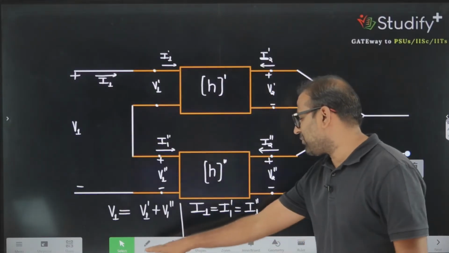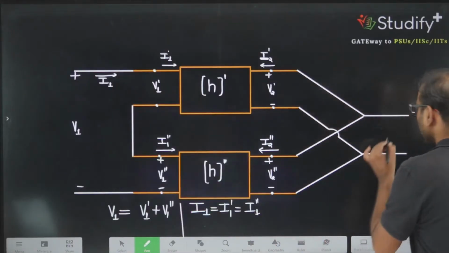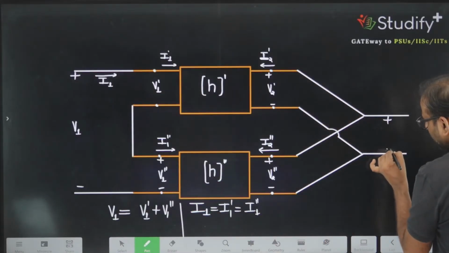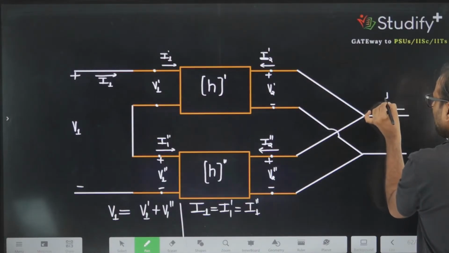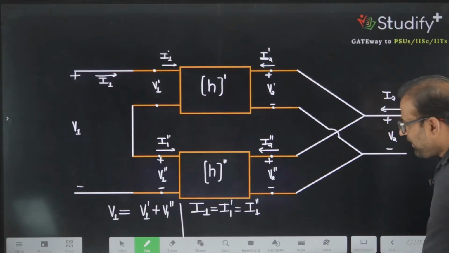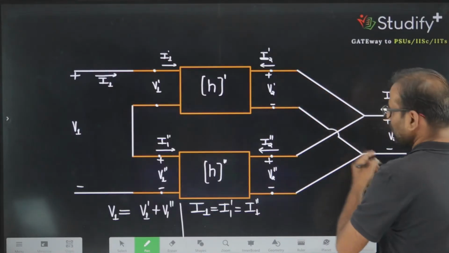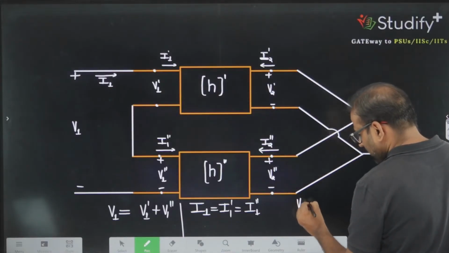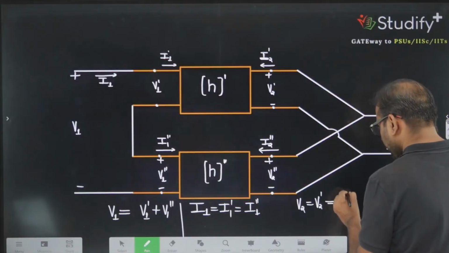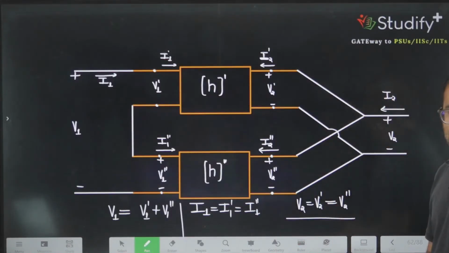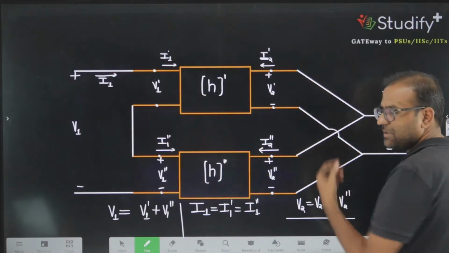If I take this voltage as the output voltage, if I mention this voltage is V2, and if this current is I2, by looking at the network I can say if both the references are the same, then V2 is equivalent to V2 prime plus V2 double prime. Why am I saying so? Because the same voltage will appear here and the same voltage will appear here.